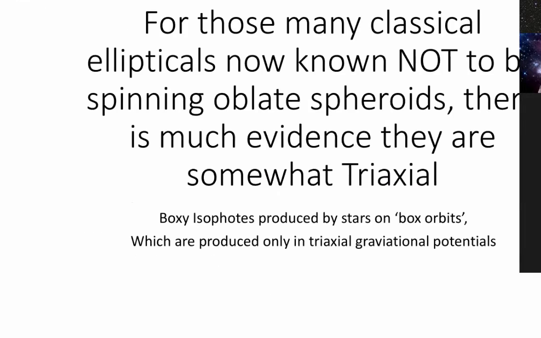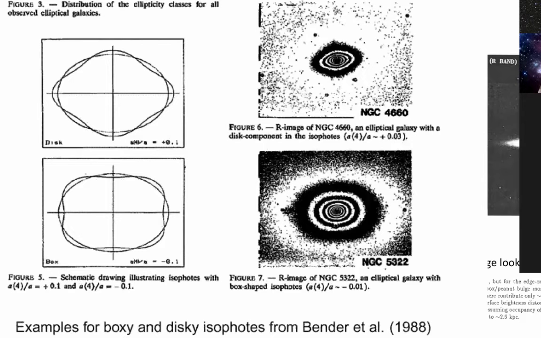Another point: you get special kinds of orbits, so-called box orbits of stars, in a triaxial potential, but not in an oblate spheroid potential. If you have a lot of stars doing those fascinating box orbits, then you can explain this previously unexplained fact.